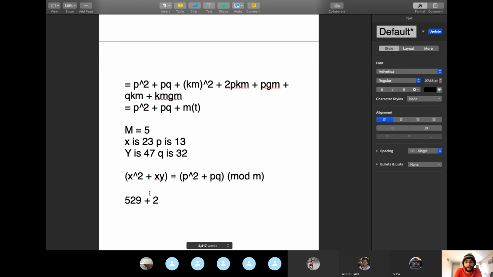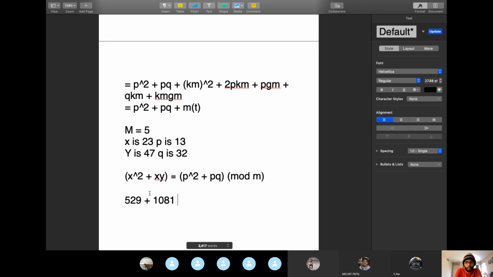That will be 299. Sorry, x squared plus xy. So that's 23 times 47. Give me a second. That should be 1150 minus 69, which is 1081.